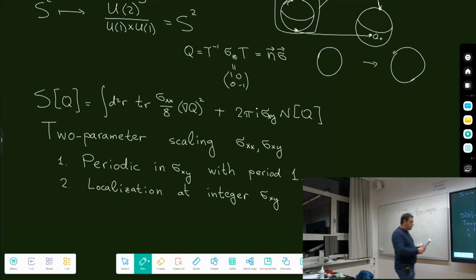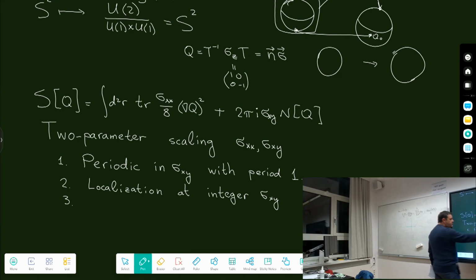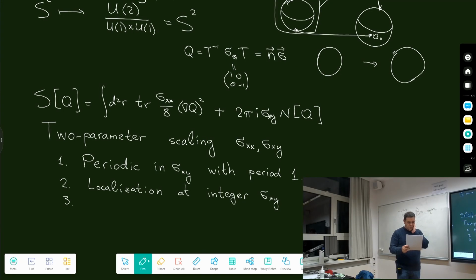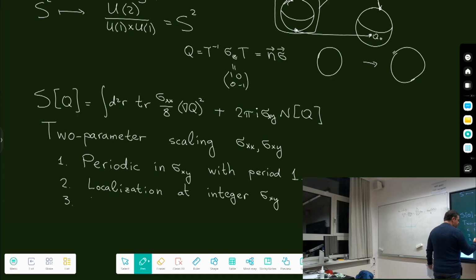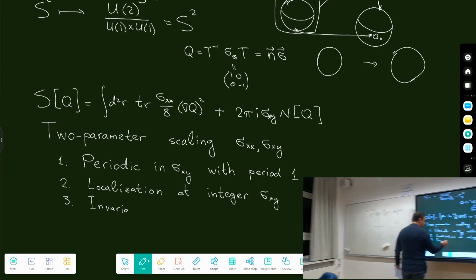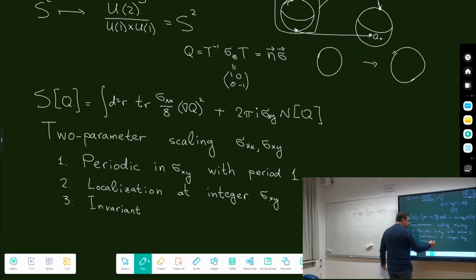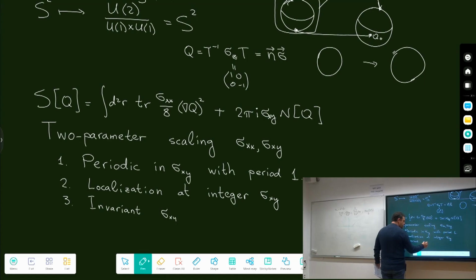And the third property, which probably should have been the second, but doesn't matter: it's not only periodic in sigma xy with period 1, it should also be invariant. This two parameter scaling should be invariant under sigma xy changing to minus sigma xy.